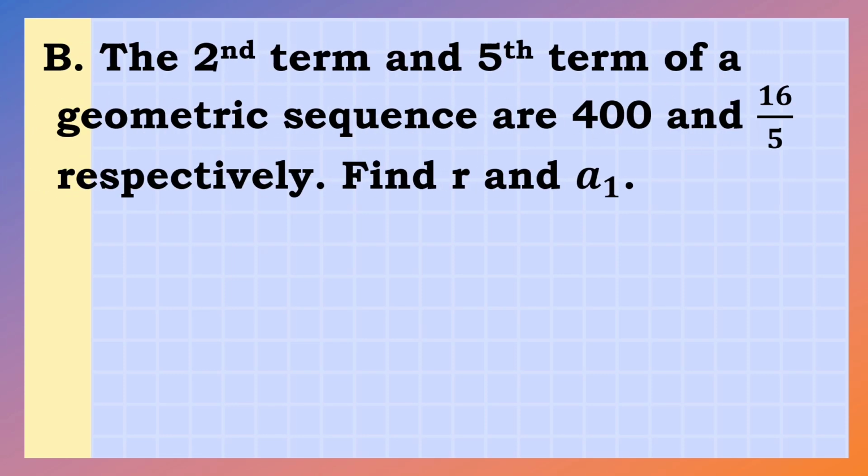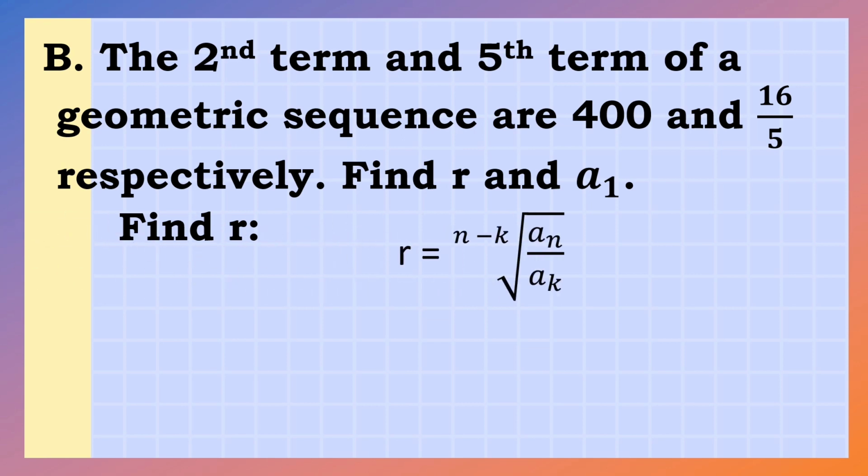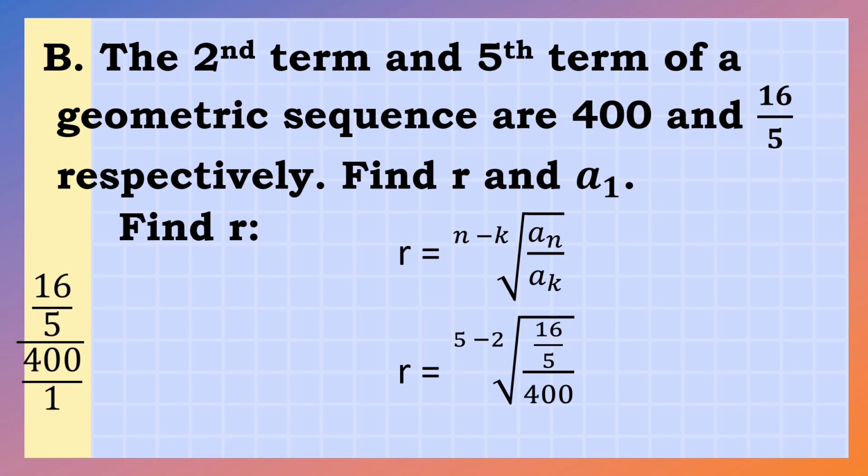Another example. The second term and fifth term of a geometric sequence are 400 and 16 over 5 respectively. Find r and a sub 1. Find r by using the n minus kth root of a sub n all over a sub k. By substitution, we have r equals the 5 minus 2 root of 16 over 5 all over 400. Let us operate 16 over 5 all over 400.